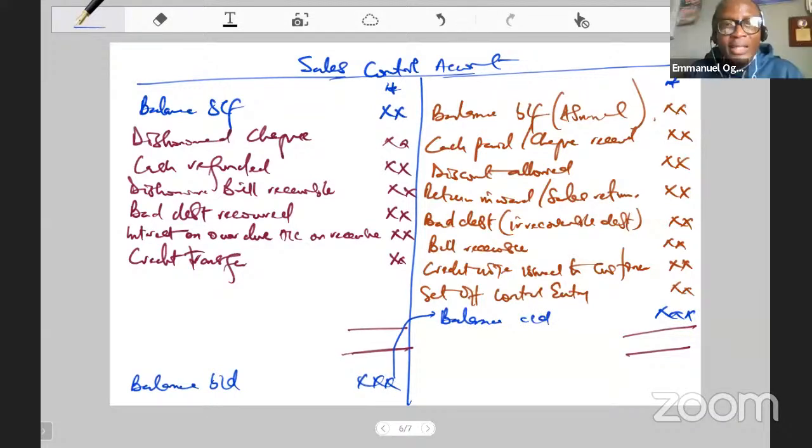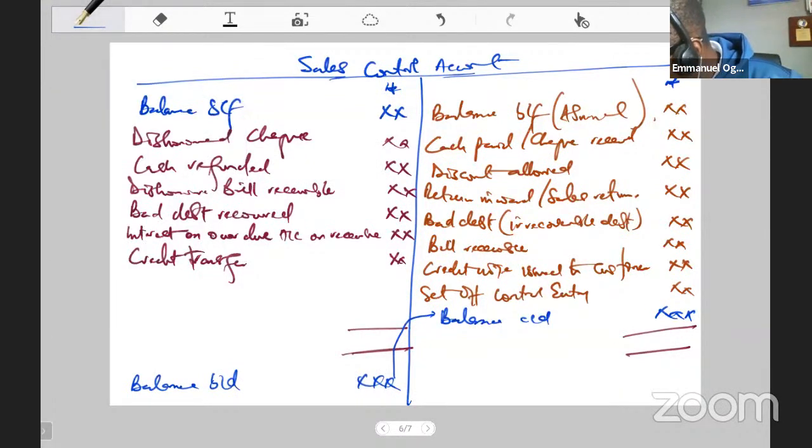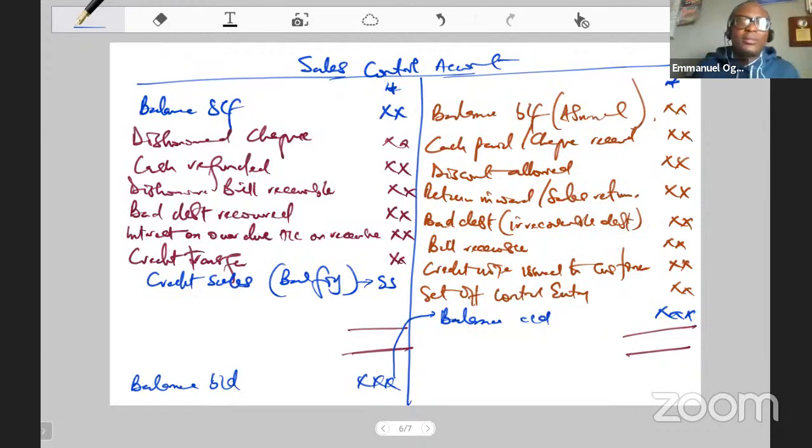Now, anytime the examiner has provided you with the balance at the end, it means he wants you to determine something. That means the examiner wants you to determine the credit sales. And that credit sales, most times, is going to be a balancing figure. The examiner will not provide you with that.